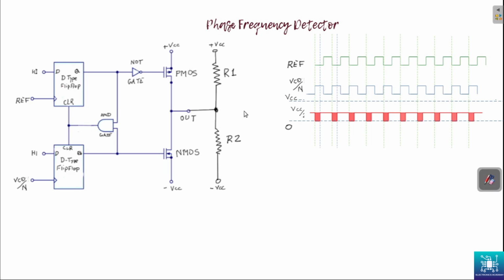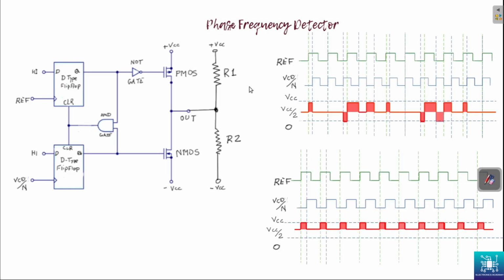Now this is what you see in the phase frequency detector, and assume that this signal is of a different frequency than this one. In the previous slide we only saw the second signal lagging the first signal, but in this case we will see both sides, because this signal is of a different frequency and it is not exactly a proper multiple.